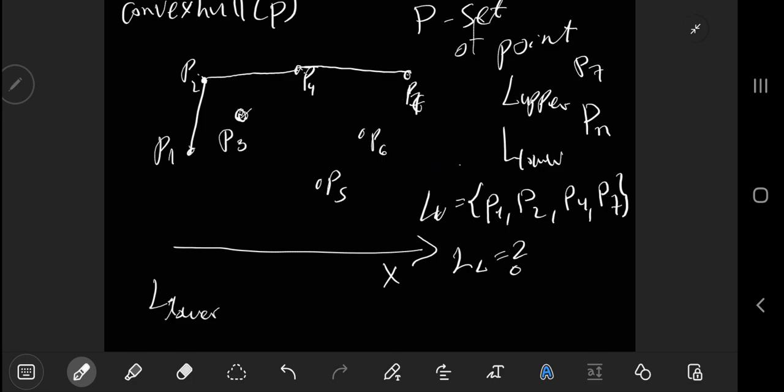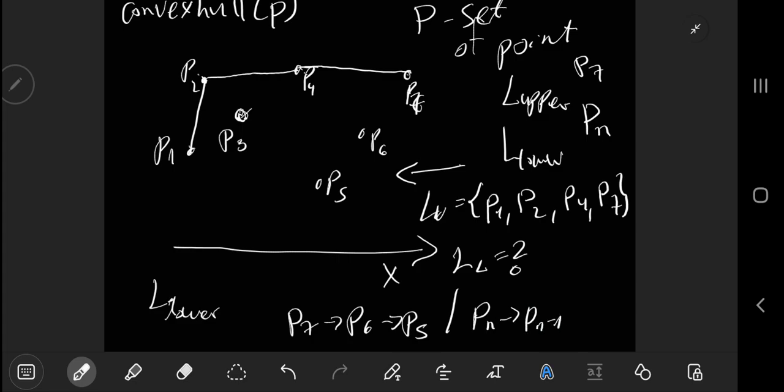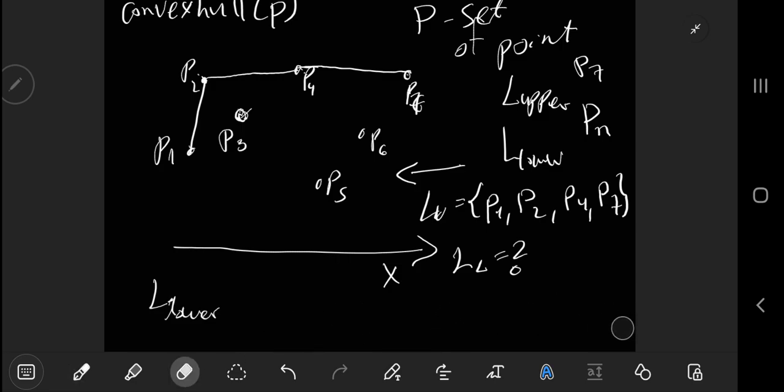We order the points the same way based on the x-axis, but going from the end to the start. So we start with P7 and then P6 and then P5, etc. In the general case, Pn, then Pn minus 1, then Pn minus 2, etc. Because this is the lower part, we're going in the opposite direction, but again continuing in the clockwise direction.